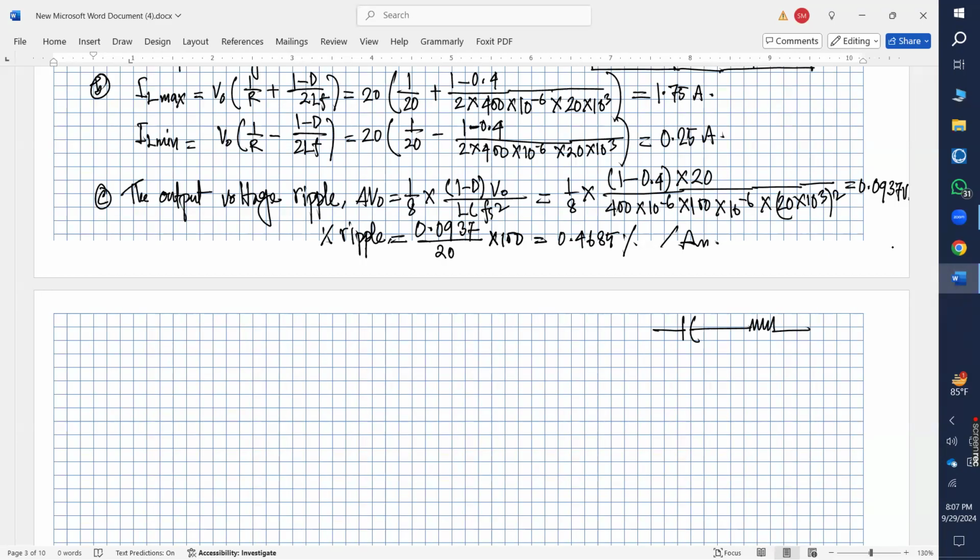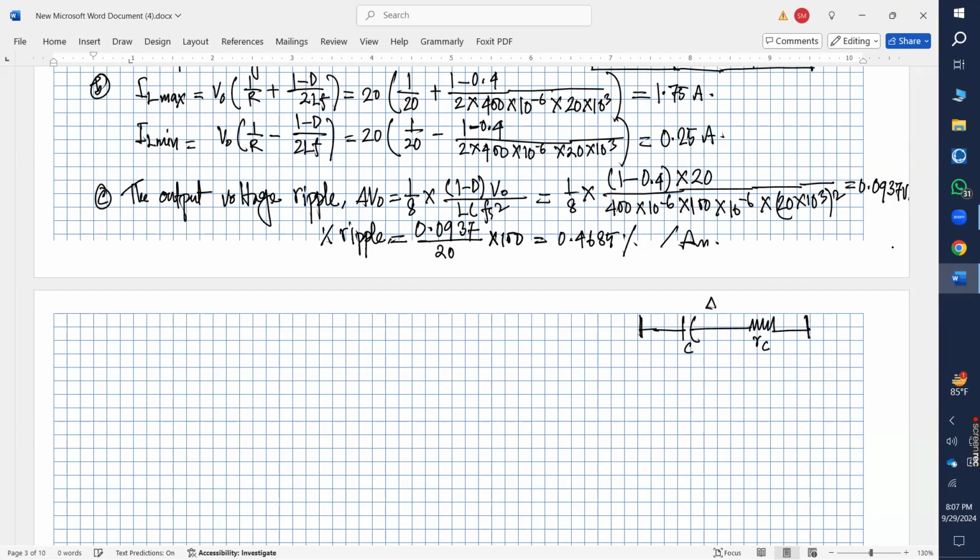So what is happening here? Instead of just C, it should have a resistance that is known as the resistance in the capacitor.